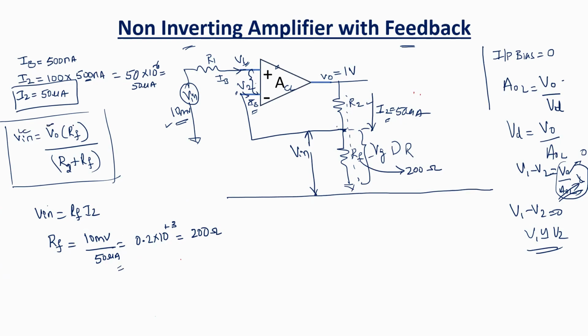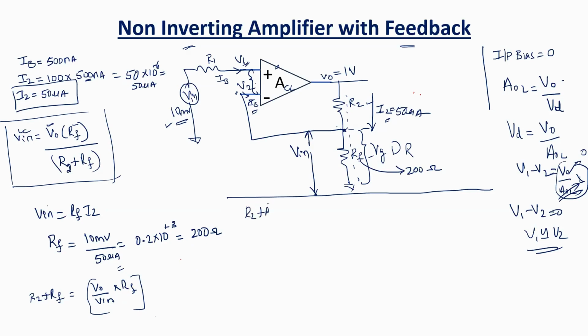V in, you know, V0, you know, RF, you know. Can we deduce this R2 plus RF? Yes, that is easy. R2 plus RF is equal to output by input into RF. So let me get this one first. I'll write it here.